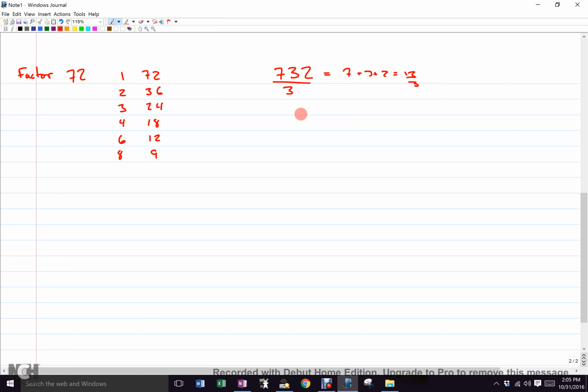Okay. That's one. Here's another one. If the last two digits divide by 4, the whole thing divides by 4.